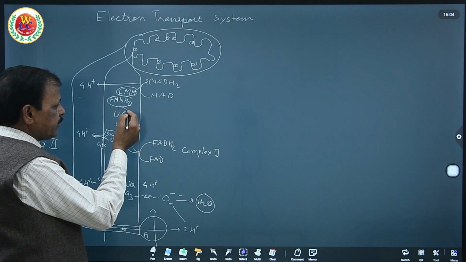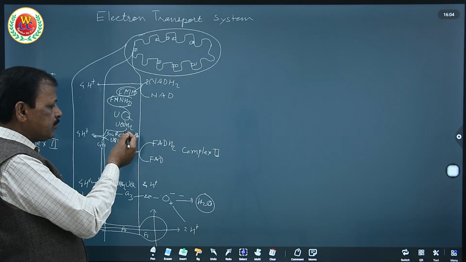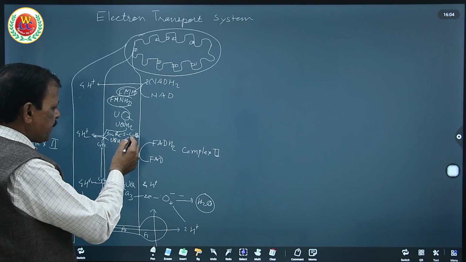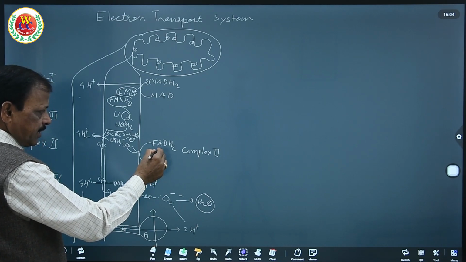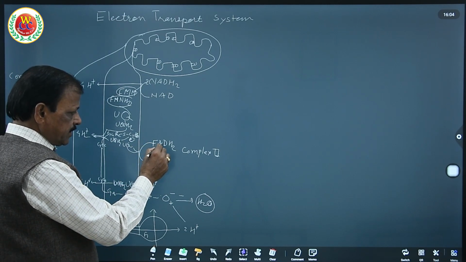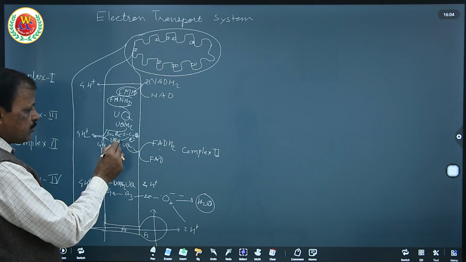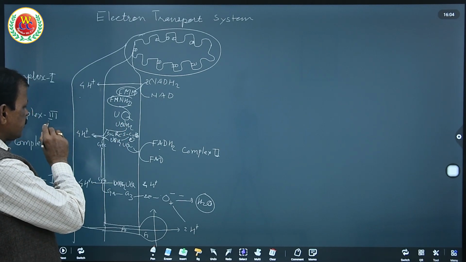That proton from flavin nucleotide is transferred to ubiquinone, where complex 2 also, at the same time, oxidizes FADH2 into FAD, releasing proton combined with UBQH2, which is also released along with the proton released from complex 2.